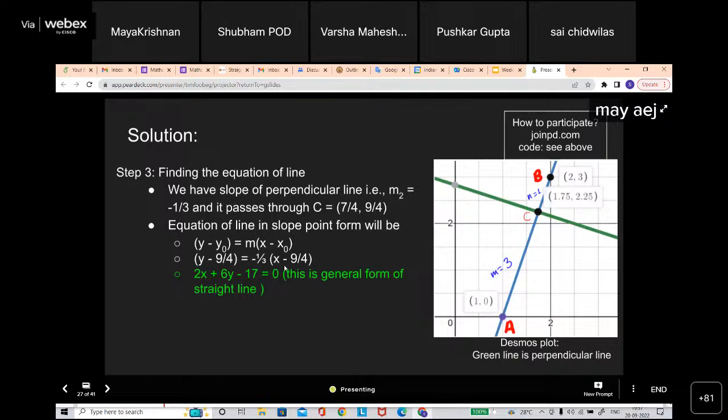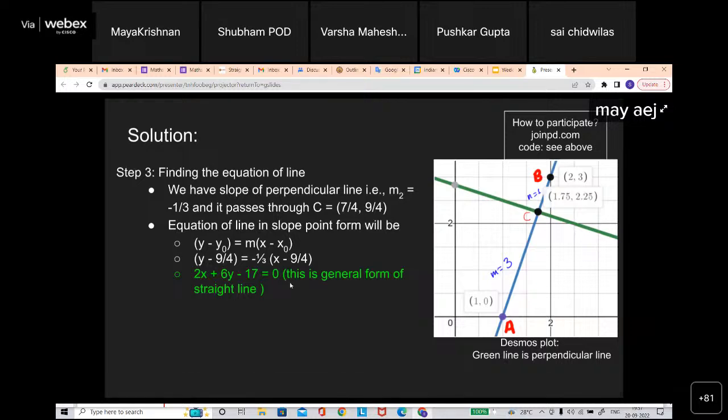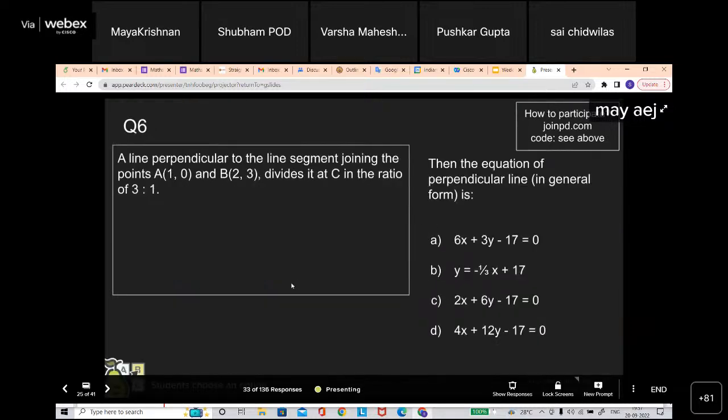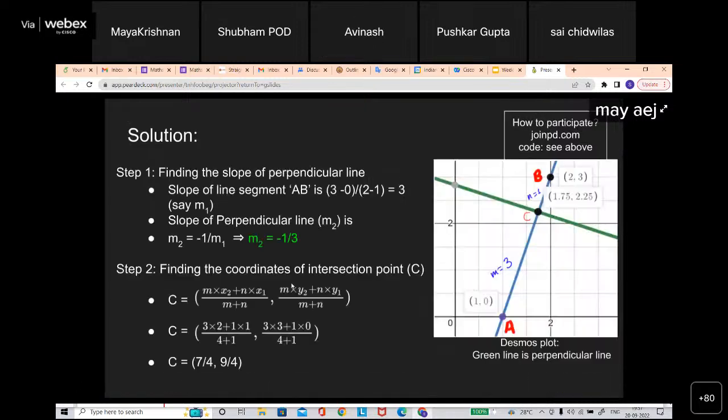That's all. The general form is 2x plus 6y minus 17. Which option is going to be correct? None of the above, sir. Option 3.